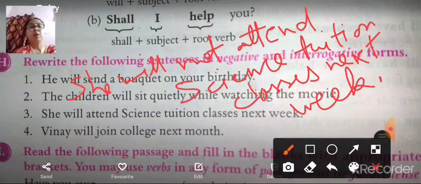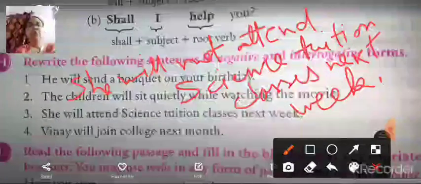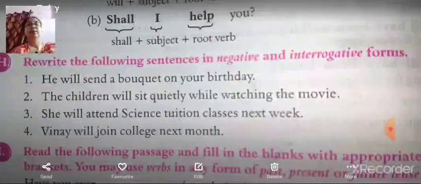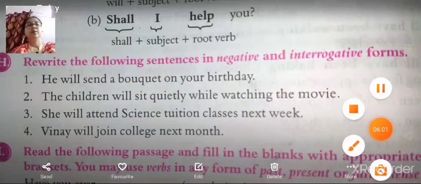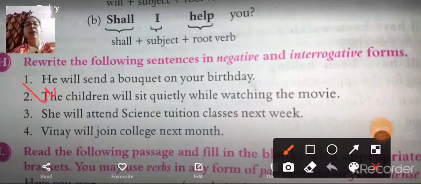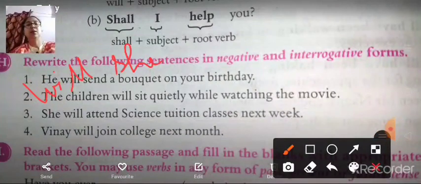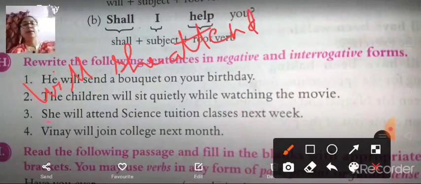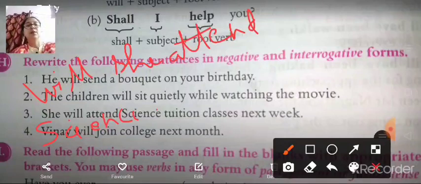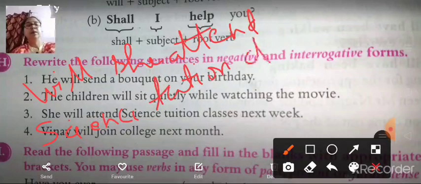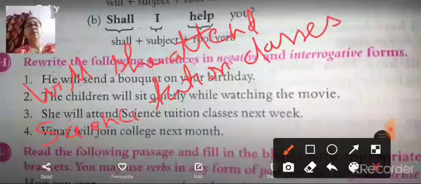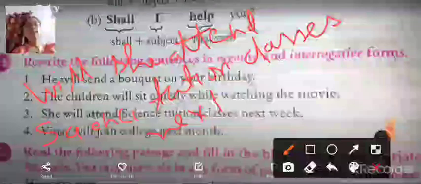Now in interrogative form, will she attend science tuition classes next week?